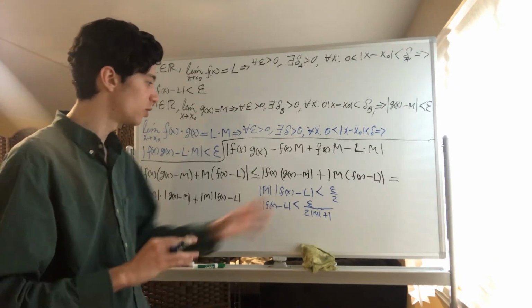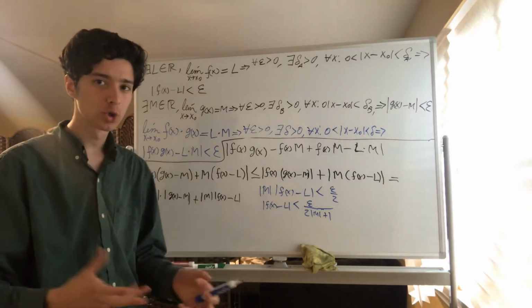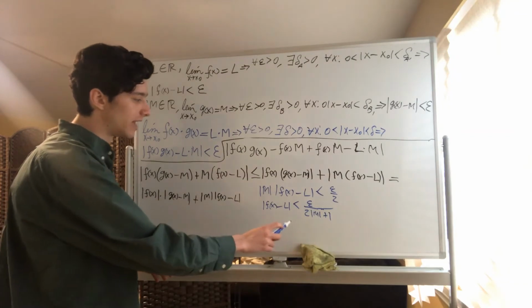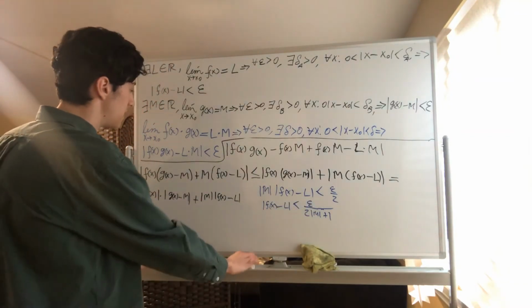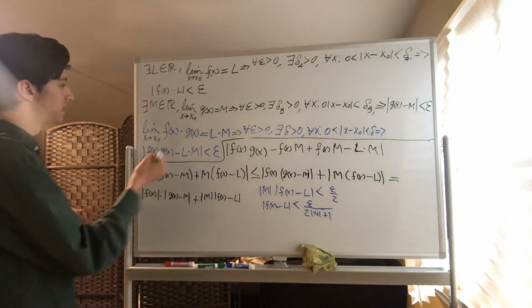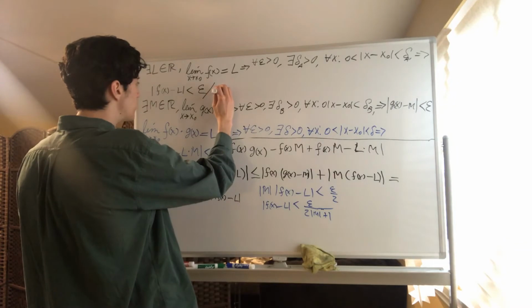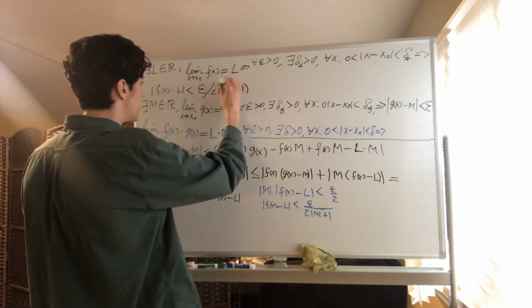So therefore, this is still going to be less than epsilon, which means that we can control our difference between f of x and L to be less than this term right here. So we can write that instead of this being less than epsilon, it's less than epsilon divided by 2 times the absolute value of m plus 1.